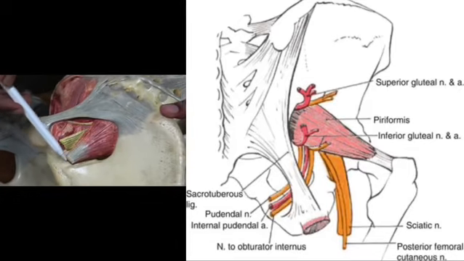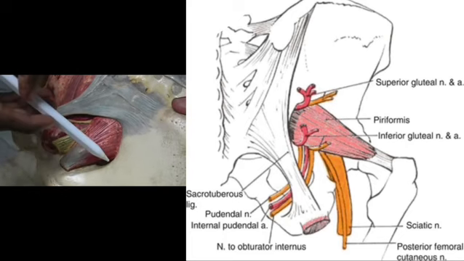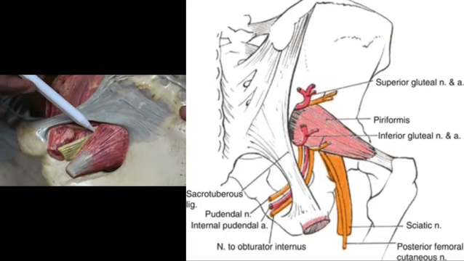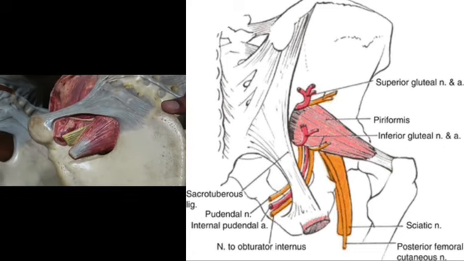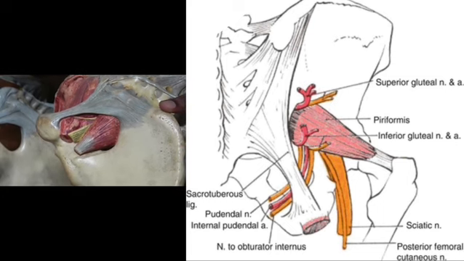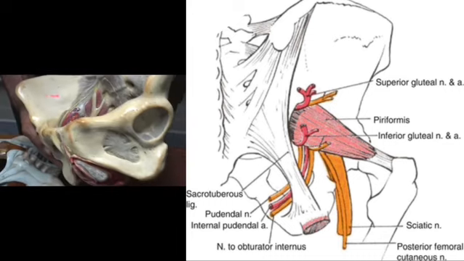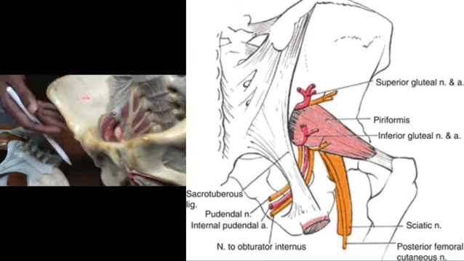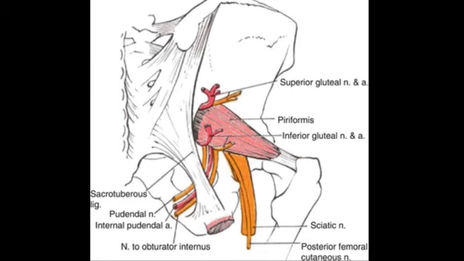The piriformis muscle further divides the greater sciatic foramen into an upper and lower part, which provide passage for the gluteal vessels, gluteal nerves, sciatic nerve, and many other nerves out of the pelvic cavity towards the gluteal region. The lesser sciatic foramen transmits the internal pudendal vessels and pudendal nerve, which emerge out of the pelvic cavity through the greater sciatic foramen and pass back into the perineum.